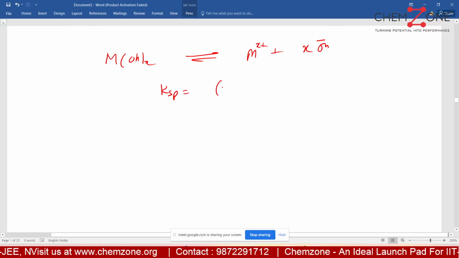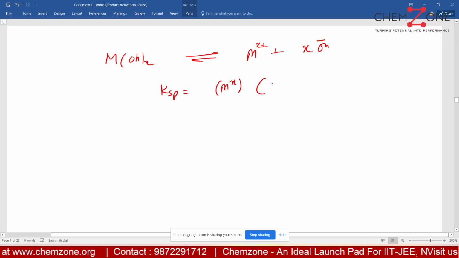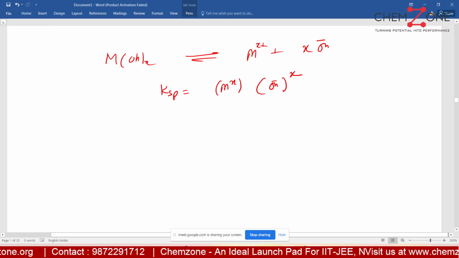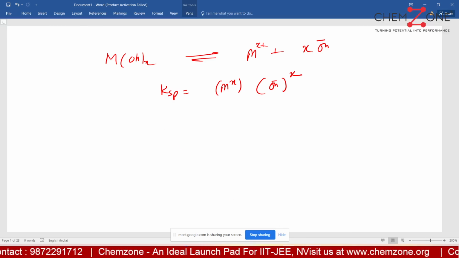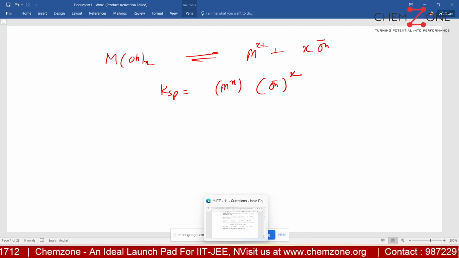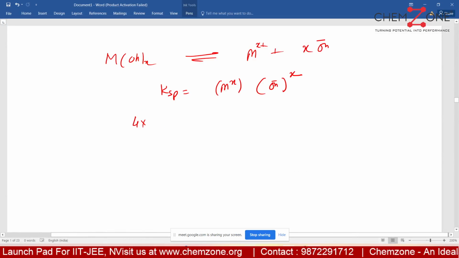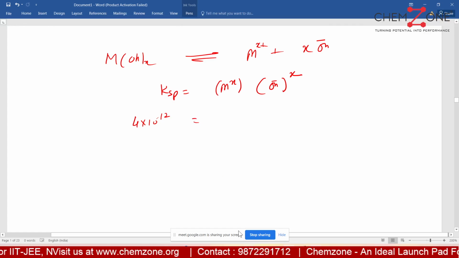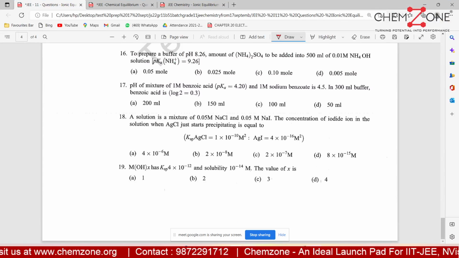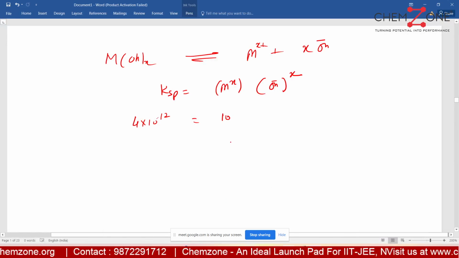KSP is equal to MX times OH ion to the power X. You have been given the value of the KSP also. How much? 4 into 10 to the power minus 12. And you are given the solubility 10 to the power how much? Minus 14.